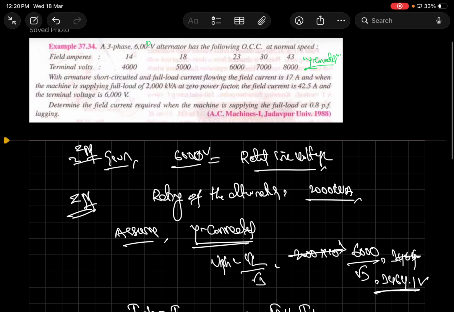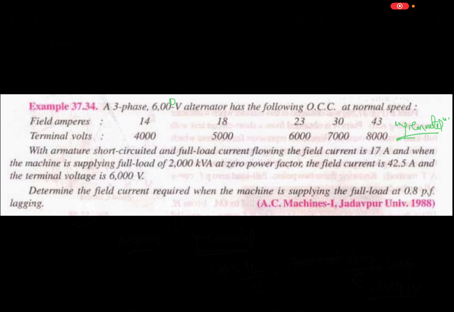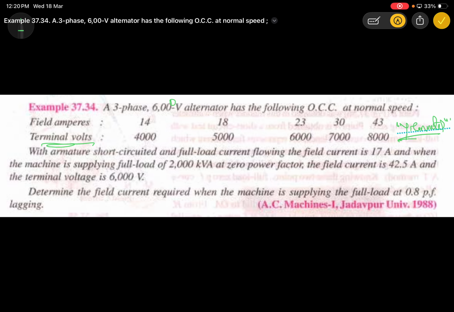Next, they have given the open circuit characteristics directly here. These values are given as just 2 points. Indirectly, instead of giving that data, they have given the two values by explaining. With armature short circuited, that is ISC, the full load current flowing through, the field current is 17 amps.